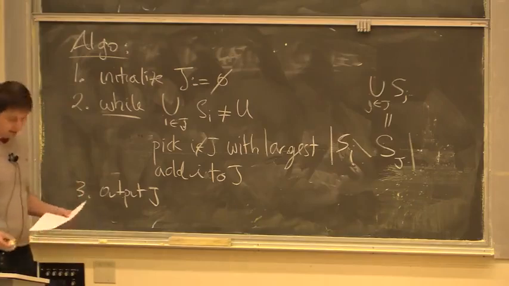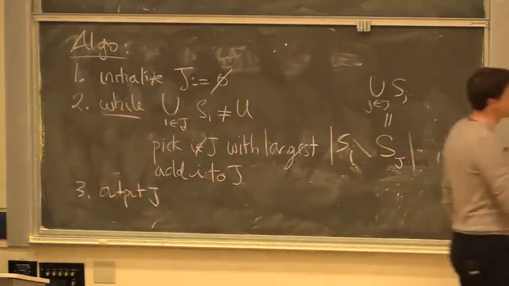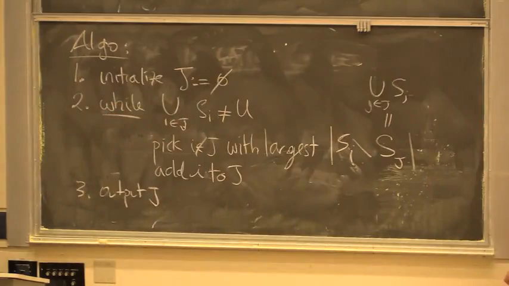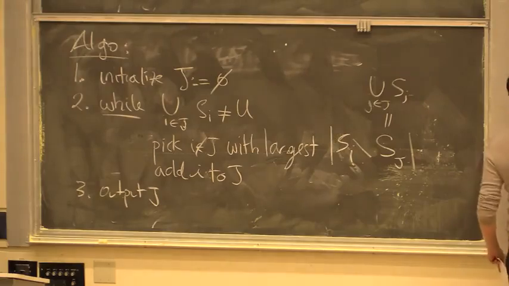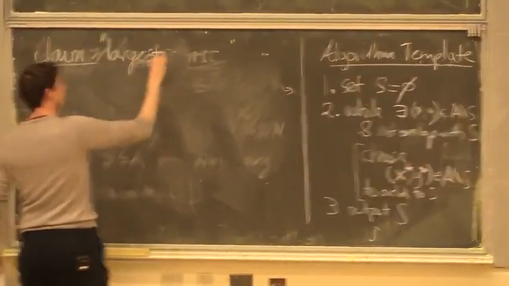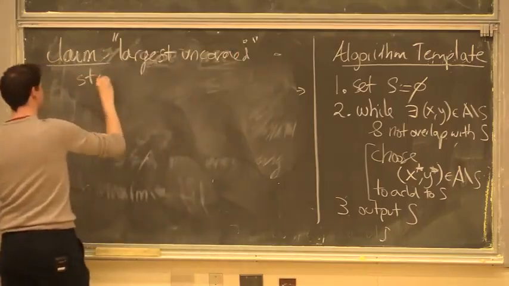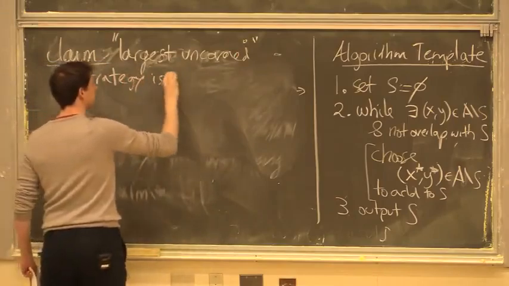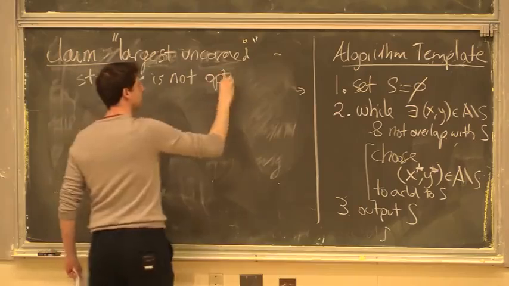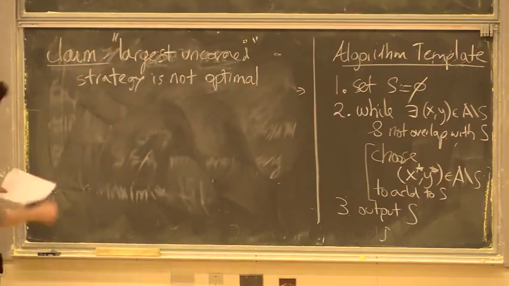Now, the first thing to note is that this strategy, the largest uncovered strategy, is actually not optimal. Usually the way you convince yourself of that is to come up with some small counterexample.